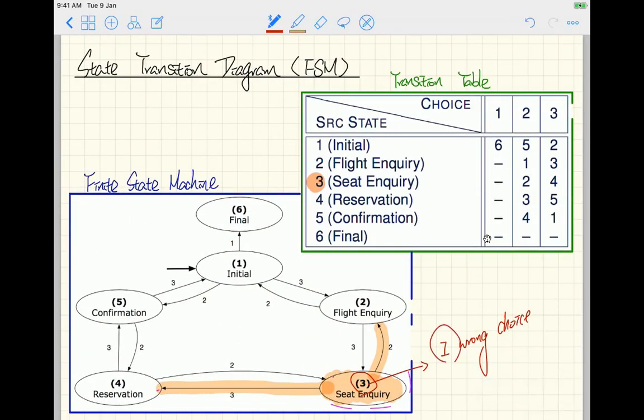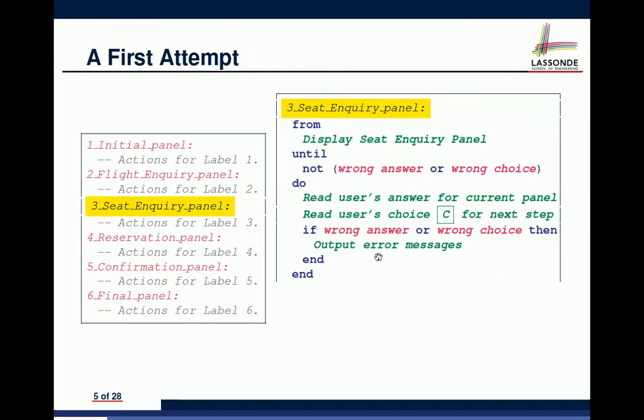Either way, we give them an appropriate error message. Now, if we can exit from the loop, what does that mean? It means this particular condition over here is true, which means both the answer and choice are correct.